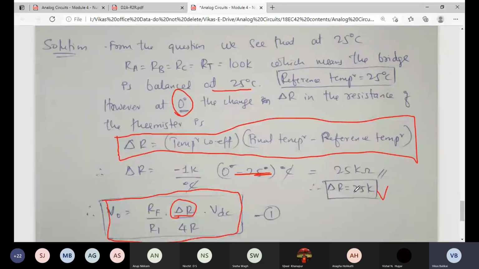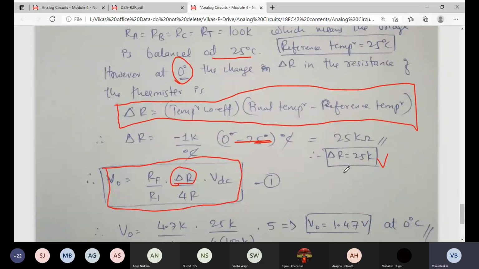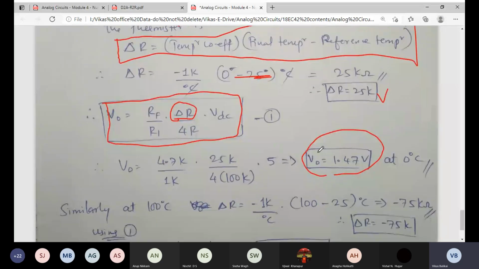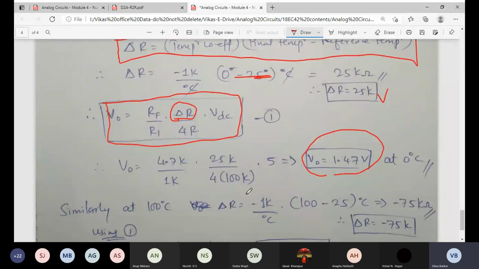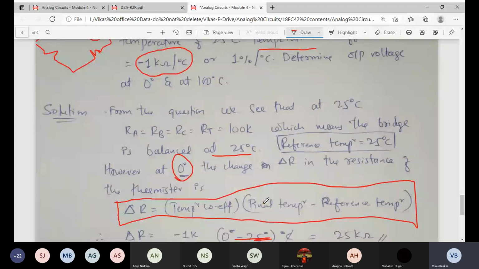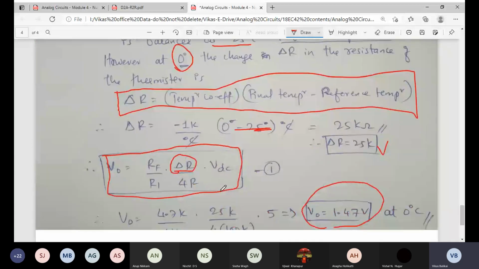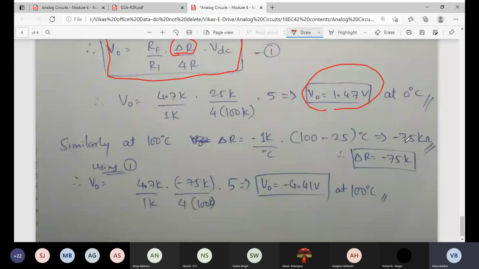That 25 kilo ohm change in the resistance led to an output voltage of 1.47 volt. Similarly for 100 degree, I will apply the same concept: final temperature minus reference temperature multiplied by temperature coefficient. I substitute over here and I get delta R value as minus 75k, and I substitute over here and I'm going to get the output voltage as minus 4.41 volt.